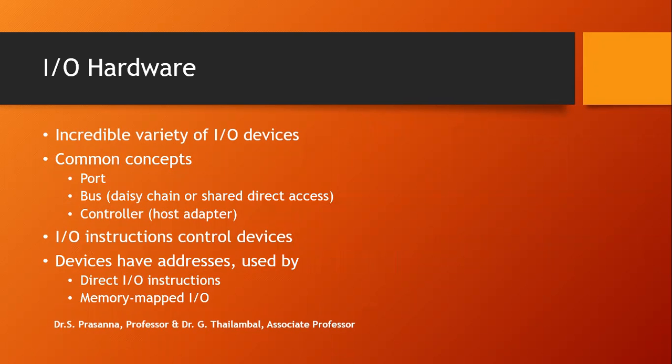The common concepts are port, bus, and controller. I/O instructions control devices, so any I/O instructions you give to the devices, the hardware gets controlled. Devices have addresses used by direct I/O instructions or memory mapped I/O.